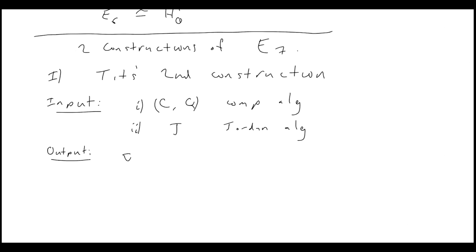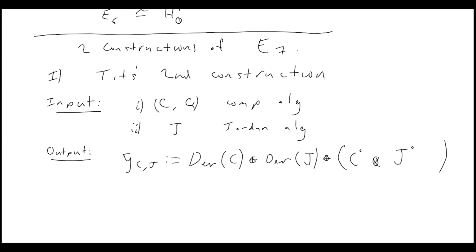Let me call this G sub C,J. This is defined, let's just say as a vector space first. This is going to be derivations of the composition algebra plus derivations of the Jordan algebra plus C0 tensor J0. So these are both just the trace 0 elements.